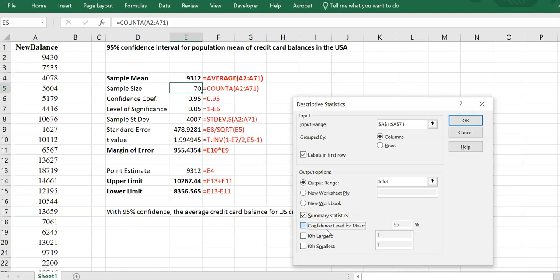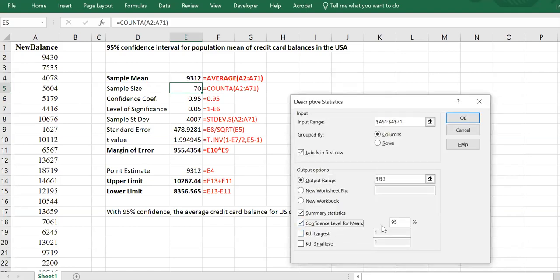So I check confidence level for the mean, and I just need to put whatever number I have for the confidence coefficient, which here happens to be 95%, and 95% is usually the default. I'm going to most of the time use 95%, but this can be 99%, 90%. That's really not a big deal. So this is really what we need to get, okay?